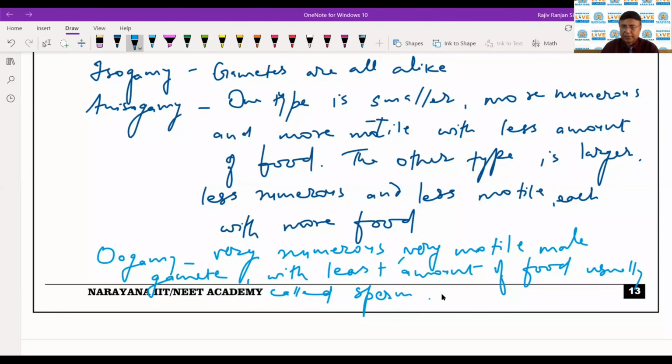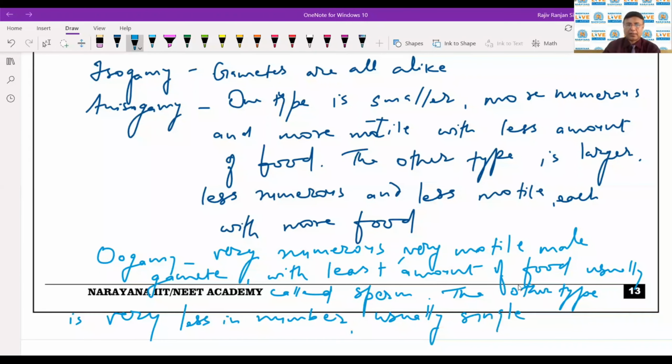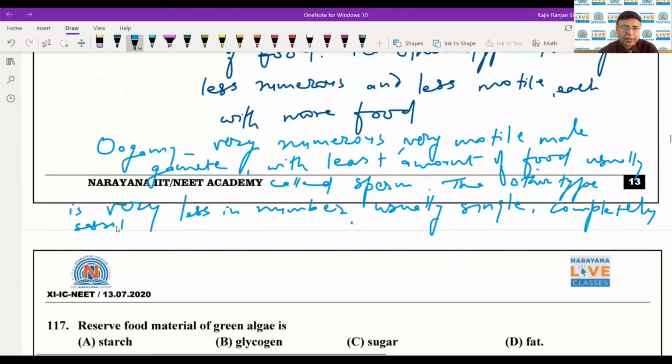The other type is very less in number, usually single, completely sessile. Sessile means not motile.